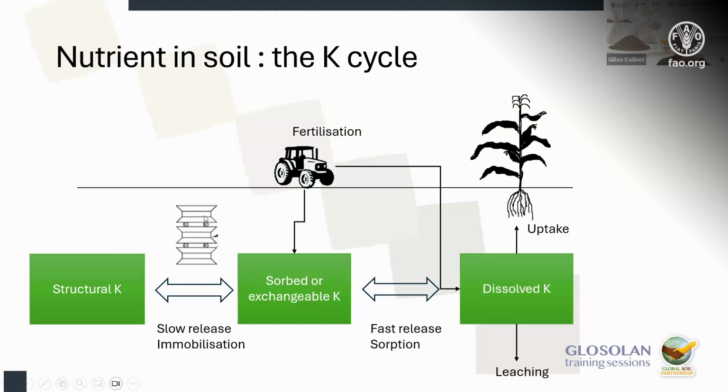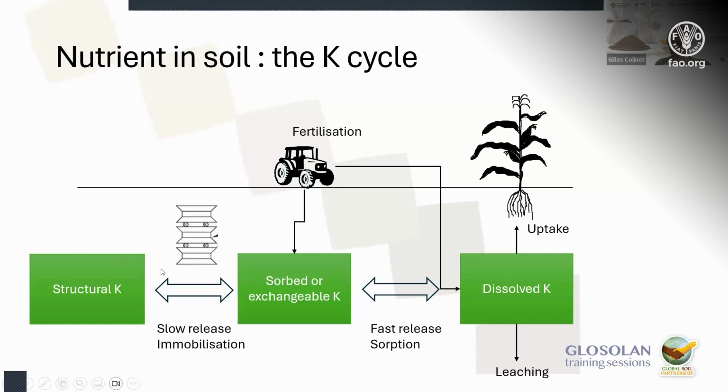But there is also the reverse process, where the potassium comes and begins to force the clay's inside layers to go thinner, kind of fixing the potassium. It is more fixed and it's not available for the plant.